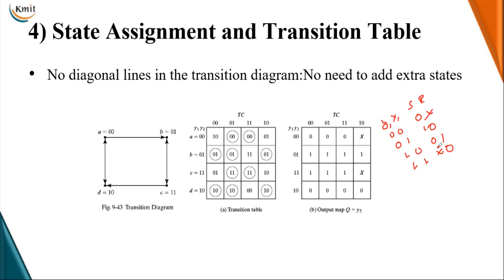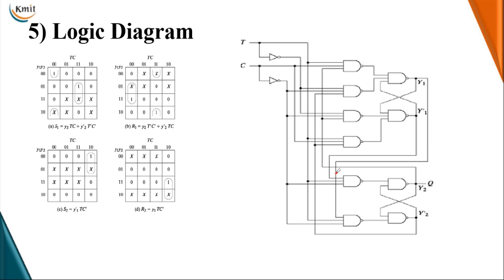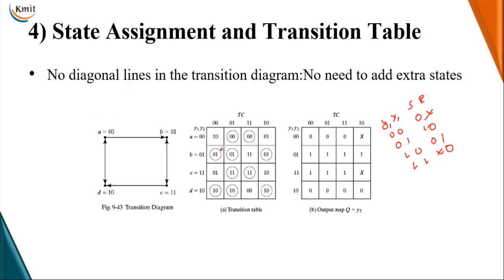So using this state transition table, let me write your values of S1, R1, S2 and R2. So using your state transition from small y1 to small y1 value is this as your input. So capital Y1 value is this. So small y2 and capital Y2.